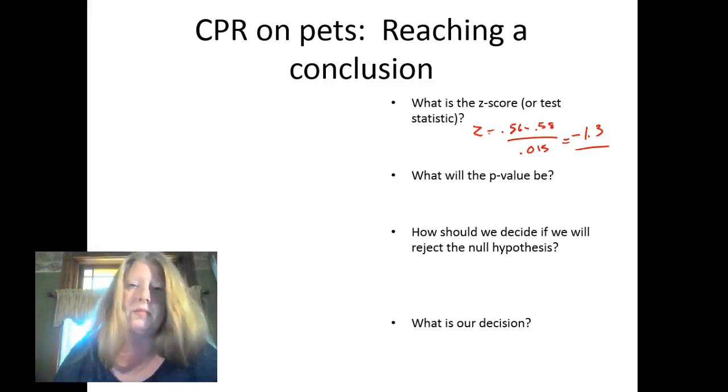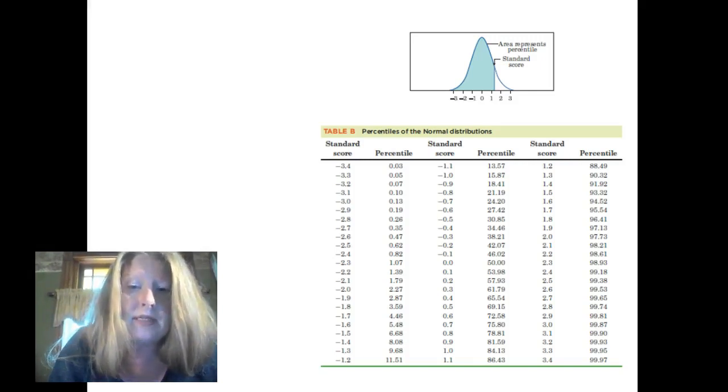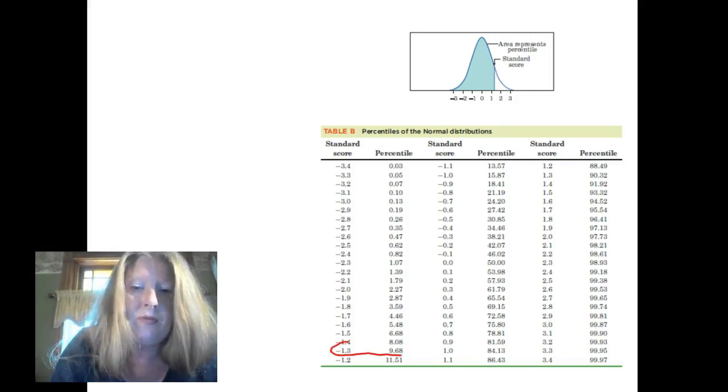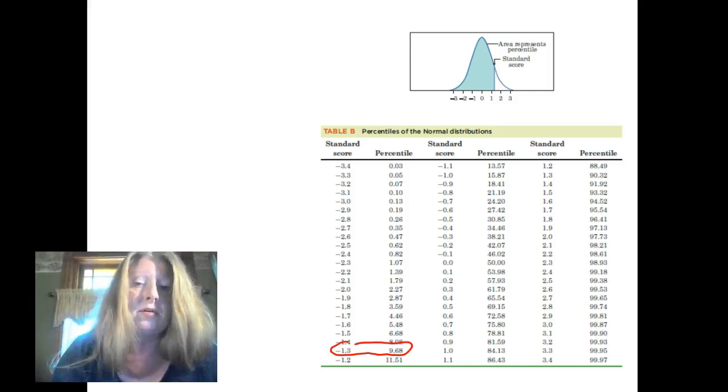What's the p-value going to be? So do I have the table here? I got negative 1.3. I'm going to go to the table. Negative 1.3, 9.68%. Remember I told you if you get a negative value for z and you go to the table and look up a percentage, you just take that number because we're looking in the lower tail, and you multiply it by 2.